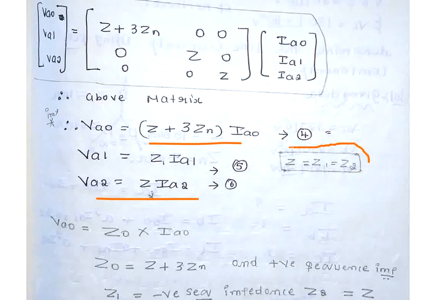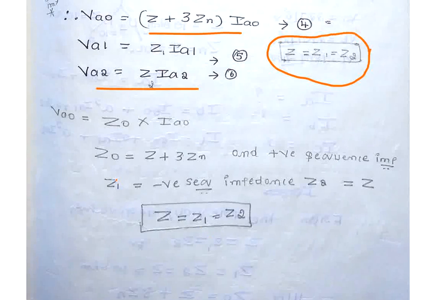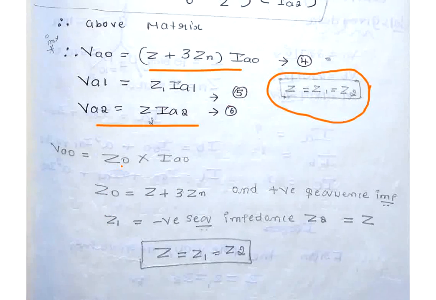It had been given here. This is not the case for all situations. That I will tell when it will be equal and when it will not be equal. Now, let me say VA naught equals Z naught into IA naught for zero sequence impedances.